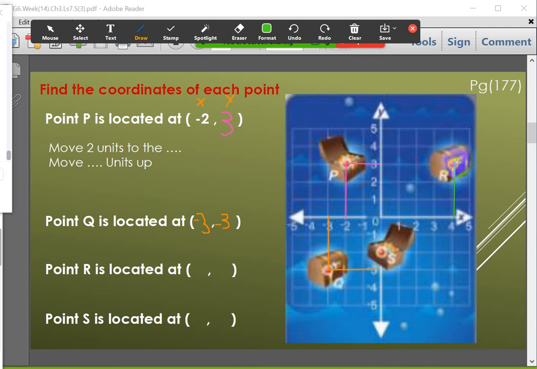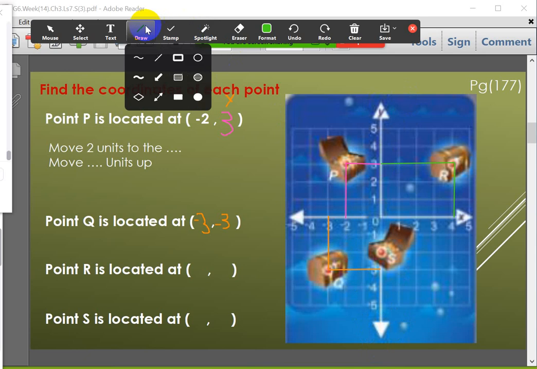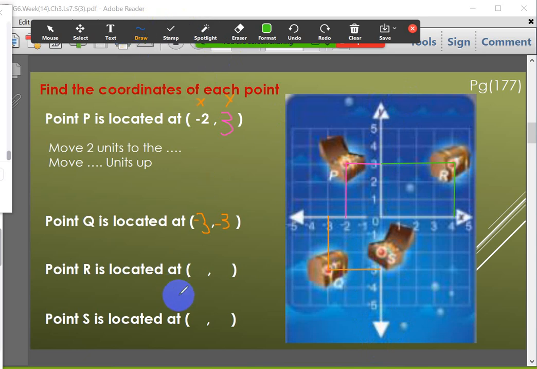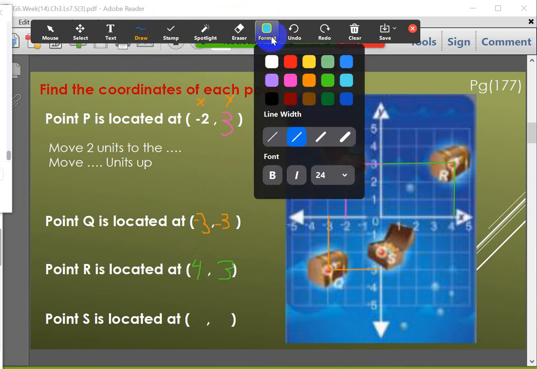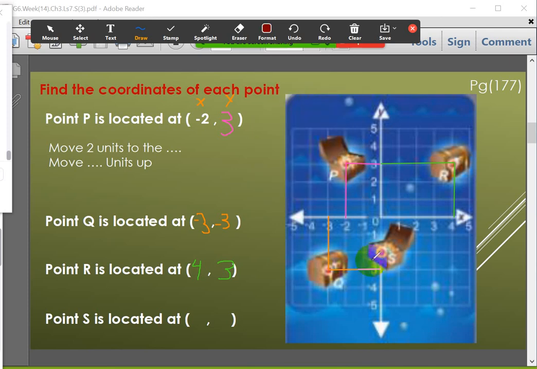And what about the y? I have to take a line from the point to the y-axis. It will cross the y-axis on 3. That means the coordinate will be 4, 3. The first one is the x, the second one is the y. Okay? What about the last one, which is here, the S?